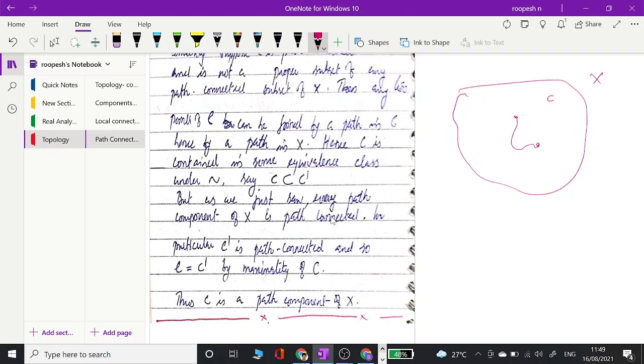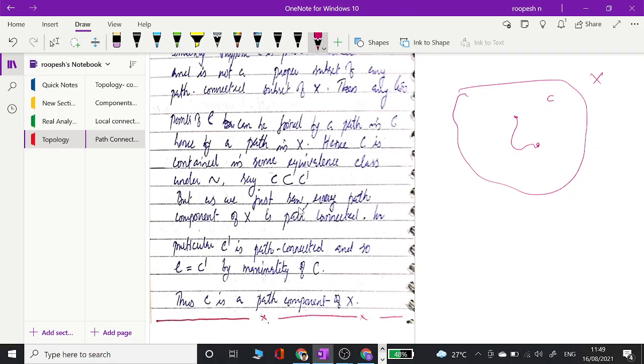Now in X also it is path connected, right? Then any two points of C can be joined by a path in C, hence by a path in X. Hence C is contained in some equivalence class under the relation, right? So C is contained in some equivalence class C dash.